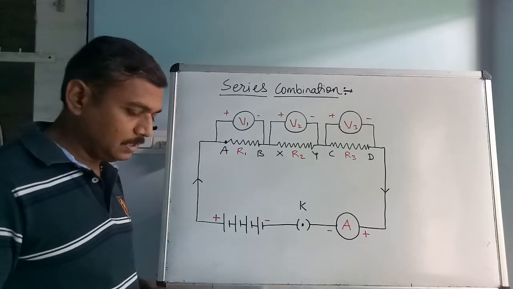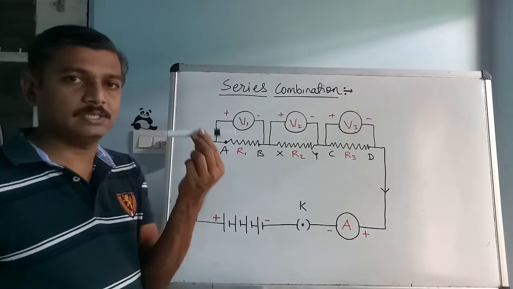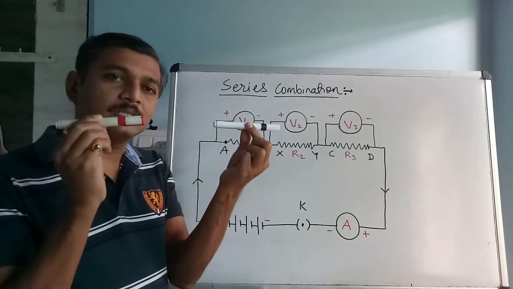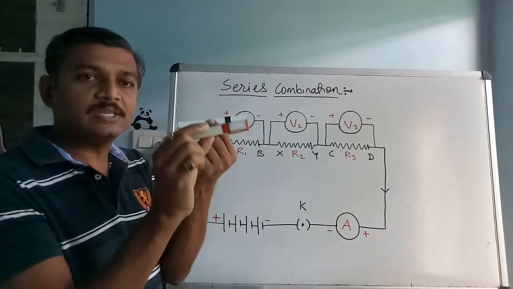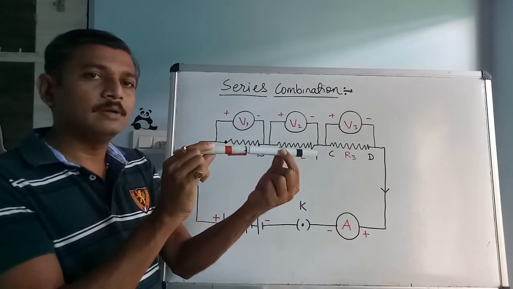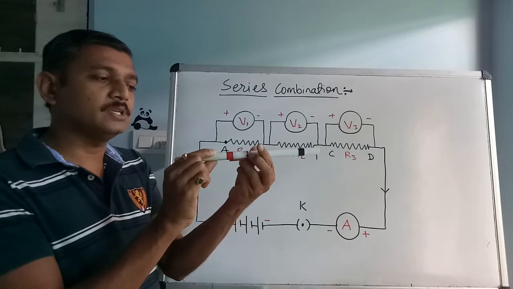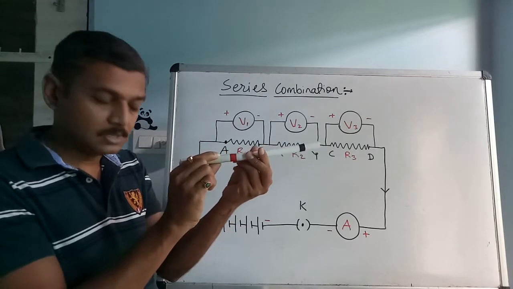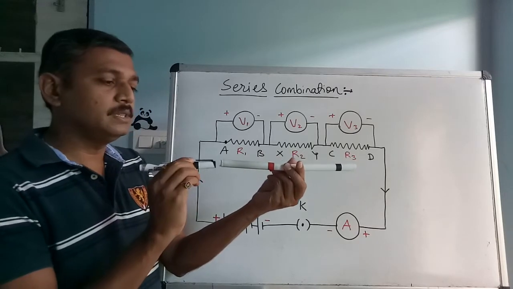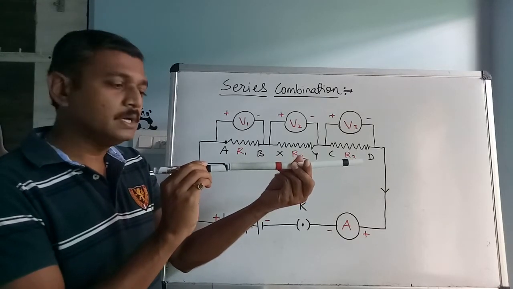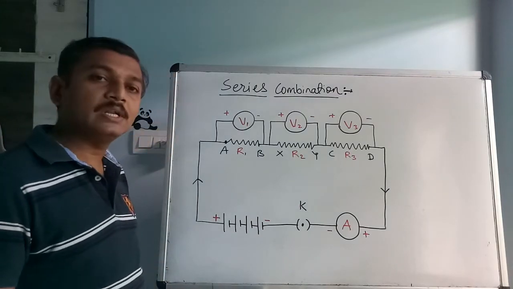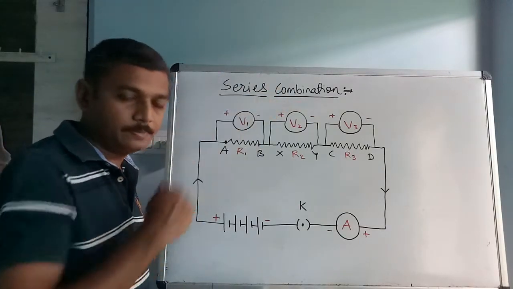For example, if this is a resistance and this is a second resistance, and these two resistances are connected to each other end to end, then such a combination is called a series combination. If we connect one more resistance in this way, this can also be a series combination when resistances are connected to each other end to end.